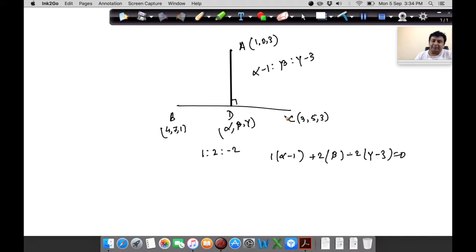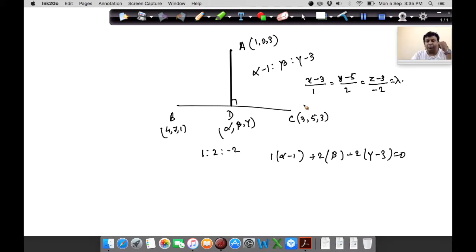But we also know the equation of BC, which is x minus 3 upon 1 equals y minus 5 upon 2 equals z minus 3 upon minus 2 equals some lambda. I used this point as x1, y1, z1 and the direction ratios of BC. You can use 4, 7, 1 as well. The same answer will come. Though the equation will look different, eventually it will give you the same point.